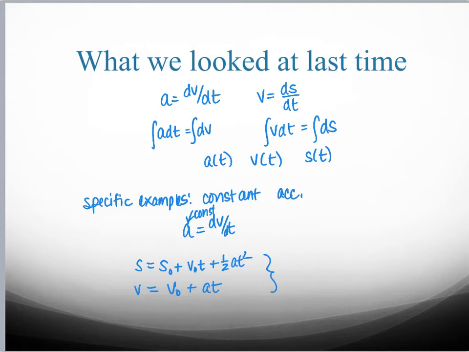And then you should be able to pick out the initial velocity of this object, because that's going to be the coefficient of the time piece, and half the acceleration is the coefficient of the t squared. So those are some things that I hope you're getting a little bit more comfortable with.